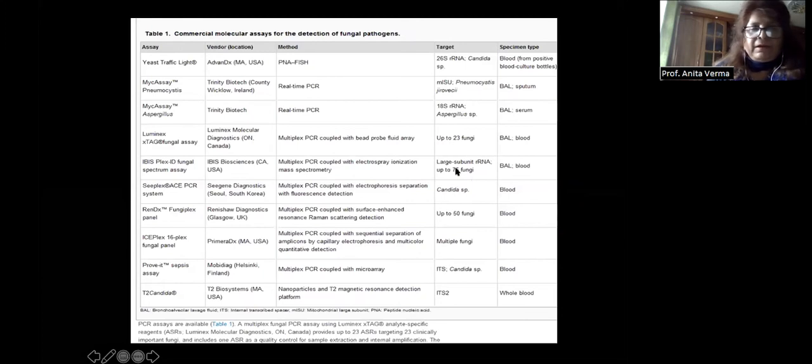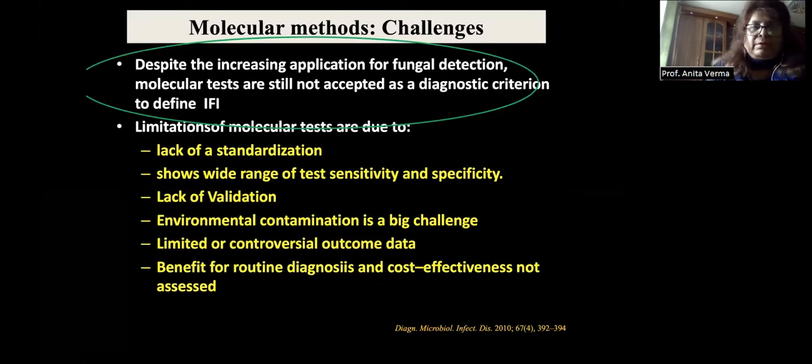If you see all of them, they detect up to 15 species of fungi, or at maximum up to 75 fungi. However, despite the increasing application of fungal detection, molecular tests still are not accepted as a diagnostic criteria to define invasive fungal infection. They have a number of limitations because of lack of standardization, and they show a wide range of test sensitivity and specificity.